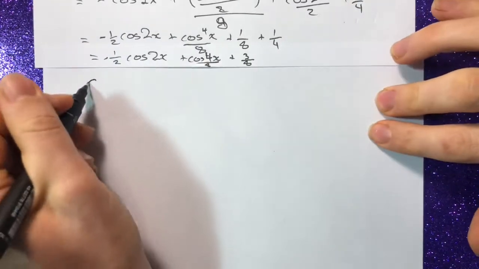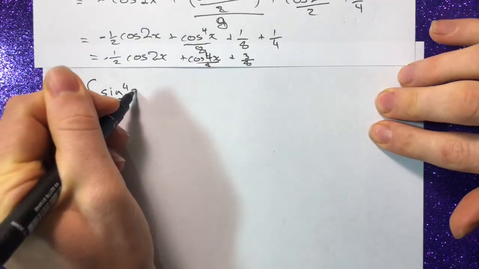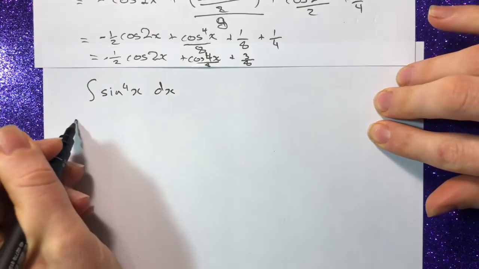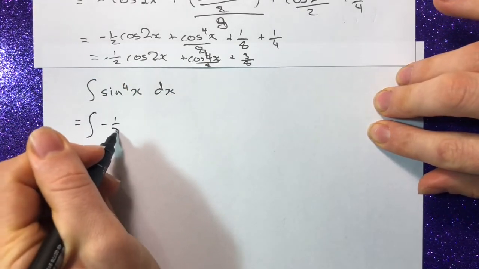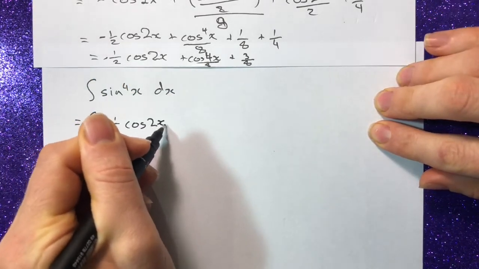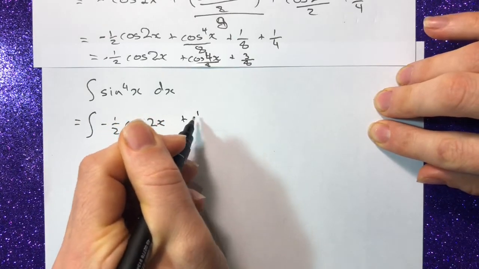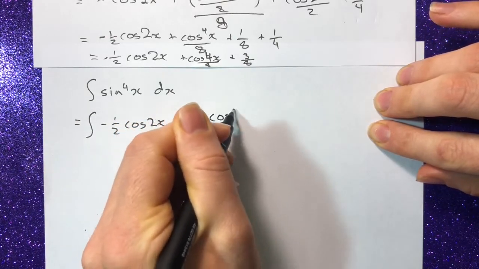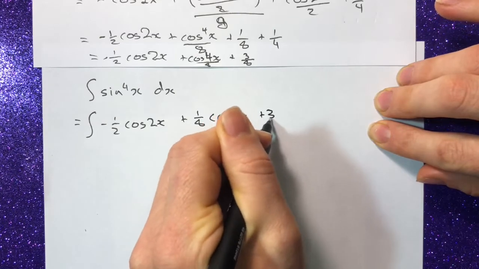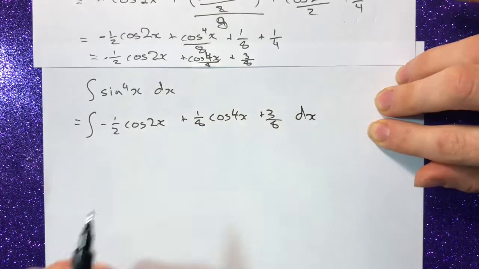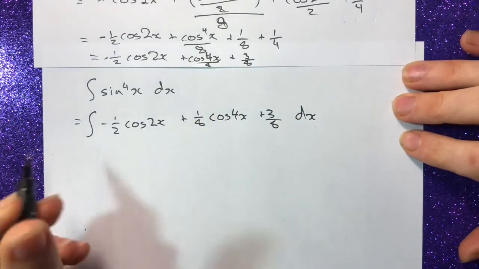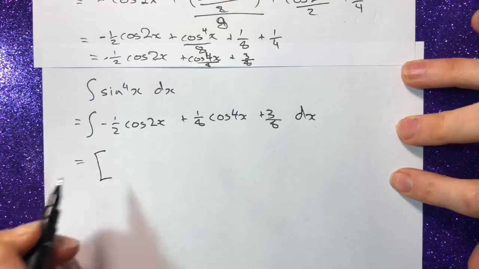So now the integral of sine to the 4x is the same as the integral of minus a half cos 2x plus an eighth cos 4x plus 3 on 8. And all of that was because now I don't have powers and now I can integrate each part.